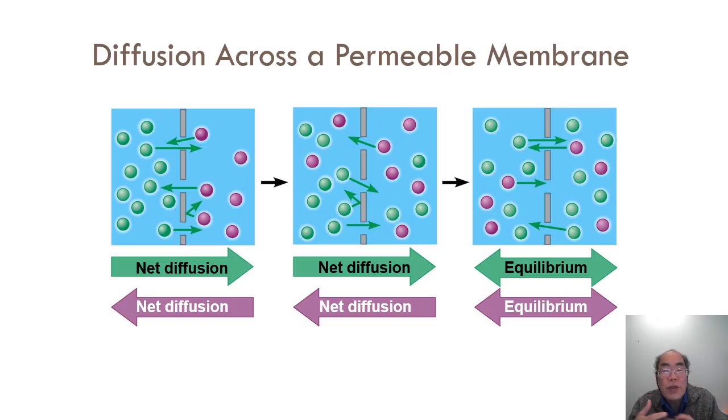And they diffuse independently. The purple particles will diffuse from right to left, and the green particles will diffuse from left to right, and they'll continue diffusing until there's an equal amount of green particles on both sides of the membrane and an equal amount of purple particles on both sides of the membrane.